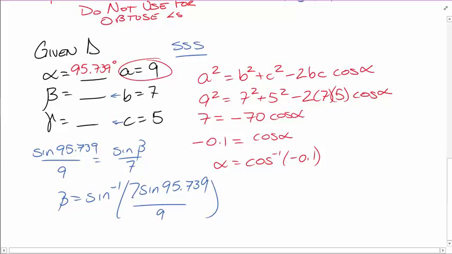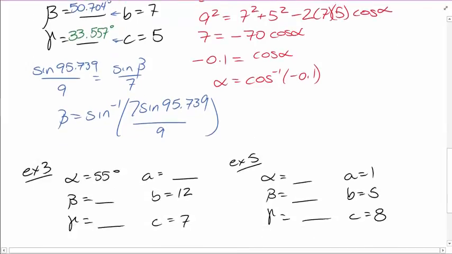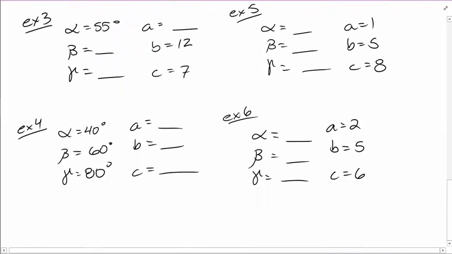Here I'll get a rounded decimal 50.704. I can use the fact that all three angles need to add up to 180, or I could use the law of sines to confirm here, but I'll get 33.557 degrees for gamma.